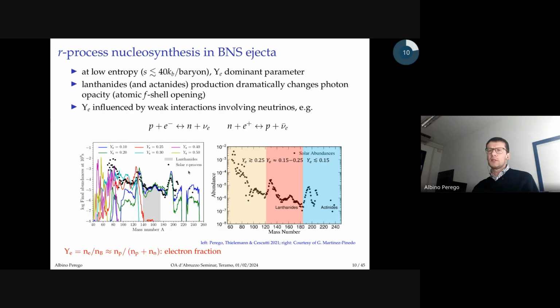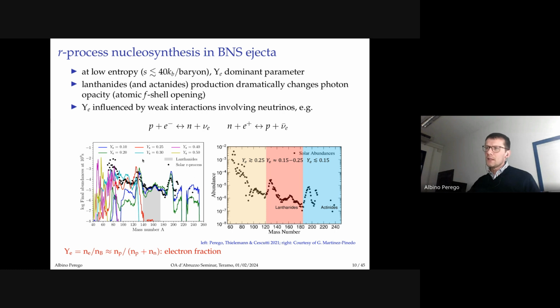So r-process nucleosynthesis is a very complicated task, it is an out-of-equilibrium reaction. One would need a nuclear reaction network to model it carefully. Luckily for us, if the entropy is low, and the entropy in this ejecta tends to be relatively low, there is one dominant parameter which at leading order, if you don't care too much about the details, determines the outcome of the nucleosynthesis, and it's the Ye, the electron fraction.